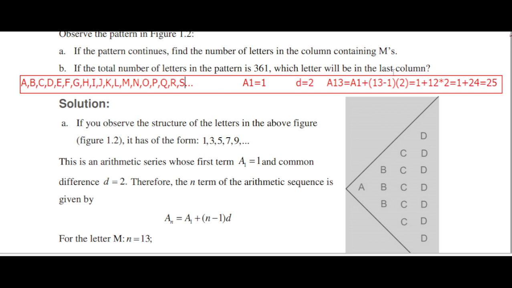So the letter in the last column is S. The letter will be S.